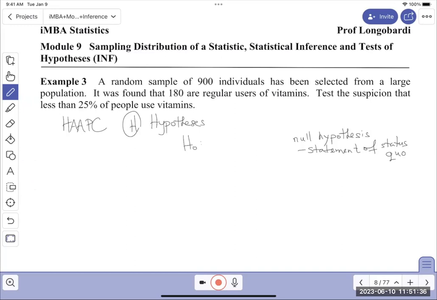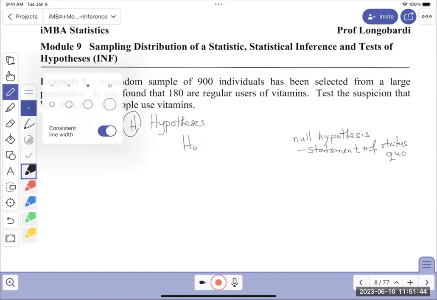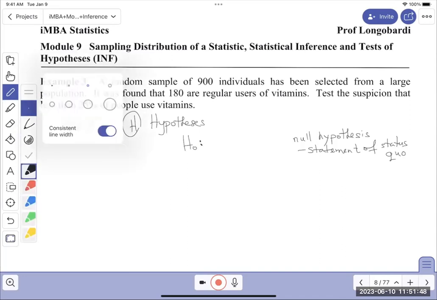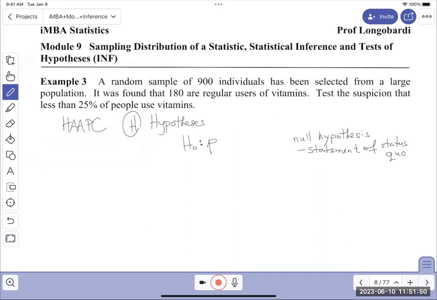So in our case, the statement of the status quo is going to be that, this is a colon, P, the true proportion, is what? So we have to read this problem. A random sample of 900 individuals, so what's 900 going to represent, has been selected from a large population.